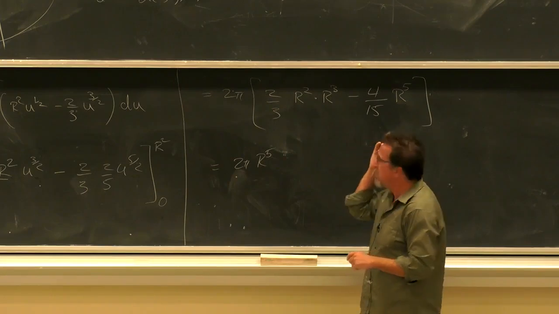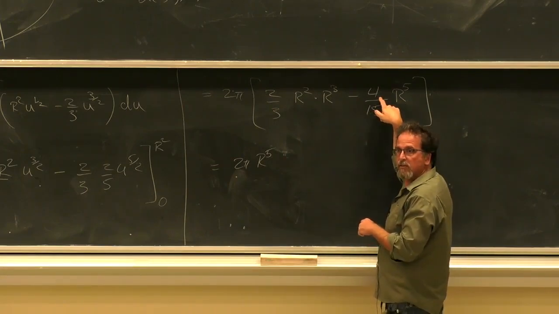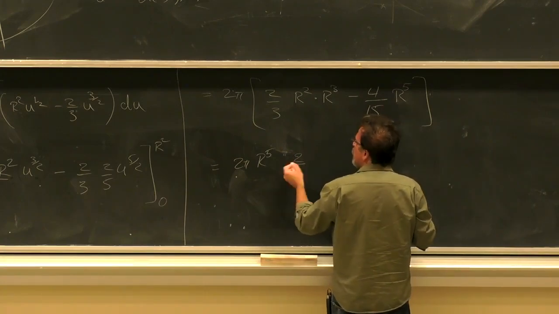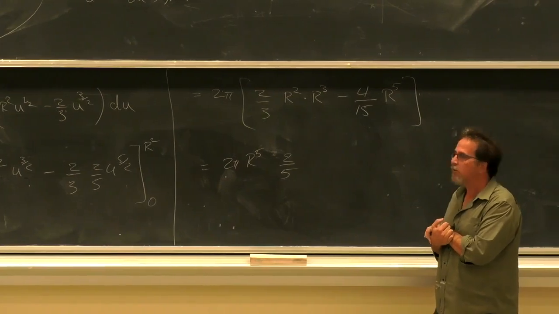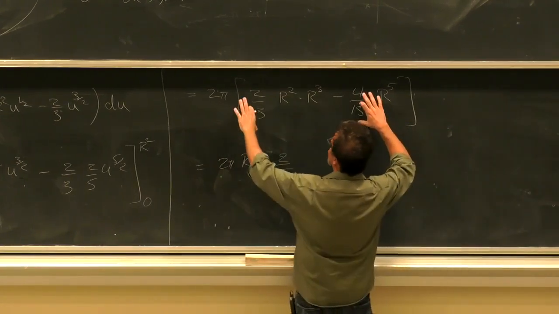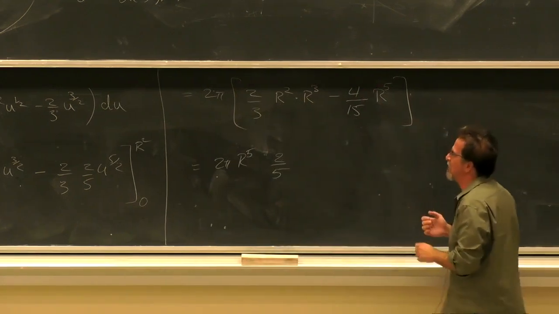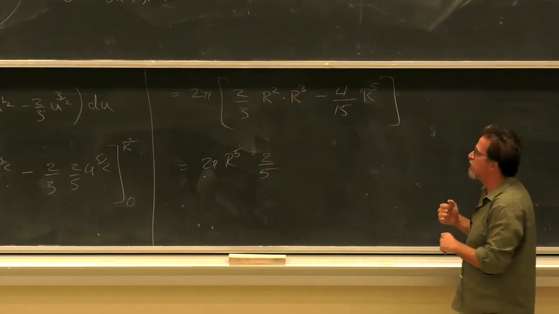Is that correct? 10/15 minus 4/15 is 6/15. So this is going to be 6/15, which is 2/5. I don't claim that I'm 100% correct, but I'm pretty sure that 2/3 minus 4/15 is 2/5.